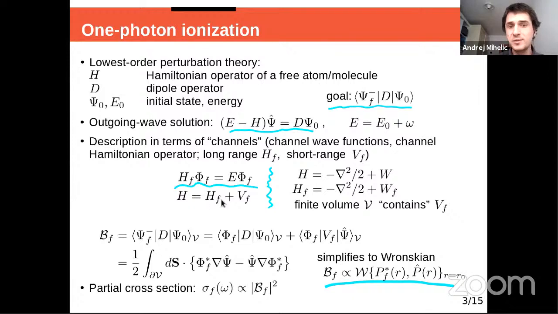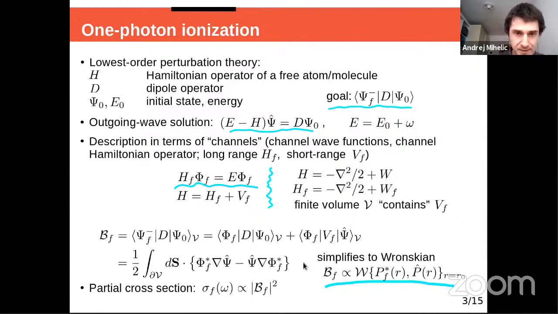So in our case, we will assume that this channel Hamiltonian includes all the long-range interactions, and the rest, so the short-range interactions, are included in this term VF. And furthermore, we will also assume that the volume we use to describe our wave functions is big enough so that the effect of this short-range potential dies out once we approach the boundary of this volume V.